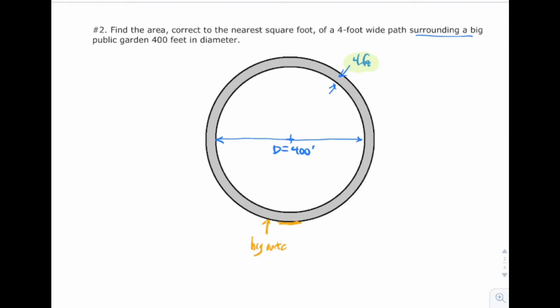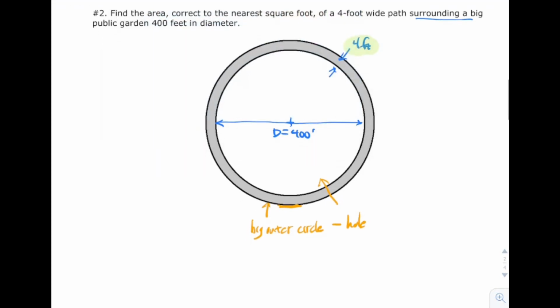A big outer circle with a hole punched in it. Just like somebody took one of those hole punches and went chunk. So what we can do is we can subtract then. We can take the area of the big outer circle and then subtract the area of the hole, and that would leave the sidewalk.